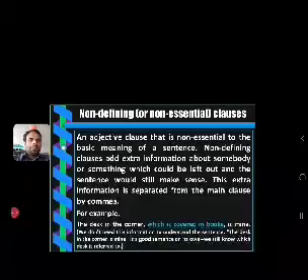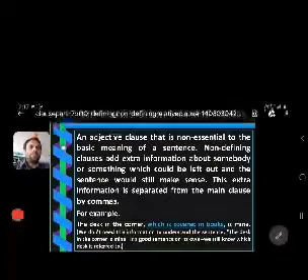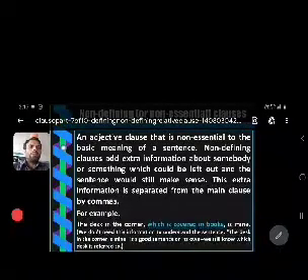Children, you might have understood now what a non-defining or non-essential clause is. It is an adjective clause that is non-essential to the basic meaning of a sentence. Non-defining clauses add extra information. You remember that it adds only extra information, not important information, about the subject, somebody or something, which could be left out.